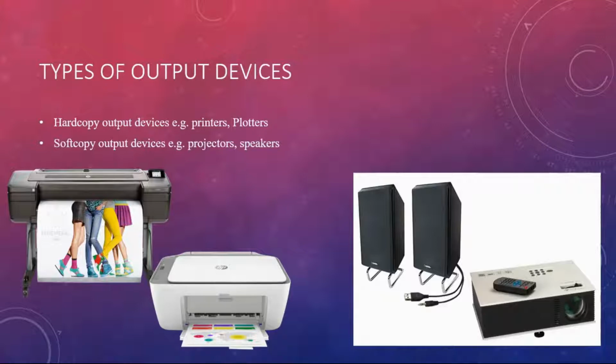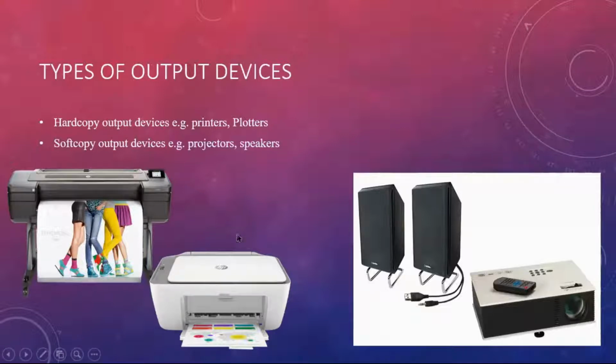So why do we call them a hard copy? Because of those reasons. They are tangible. We can touch them. We can feel them. And we know certain devices which provide such kind of output. When you look at printers, we are able to see what printers can output. We are able to touch it because they do their printing on a piece of paper, which is hard copy.